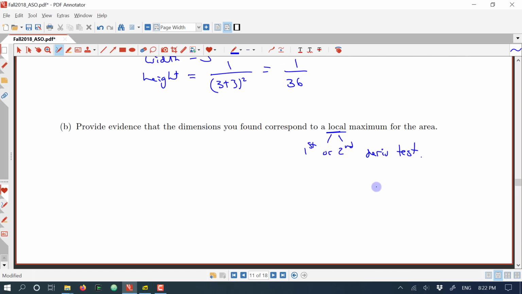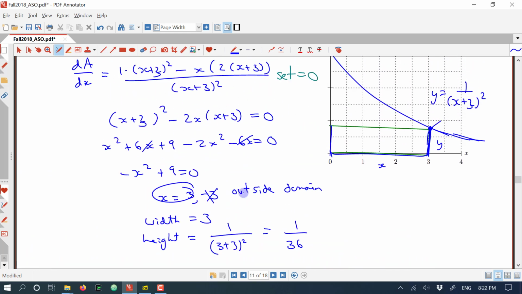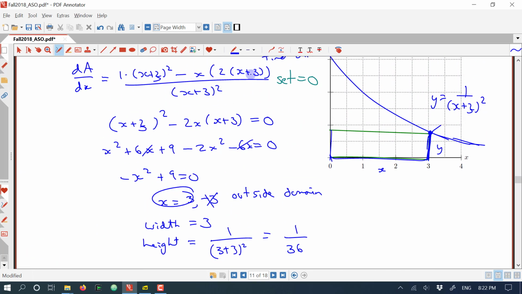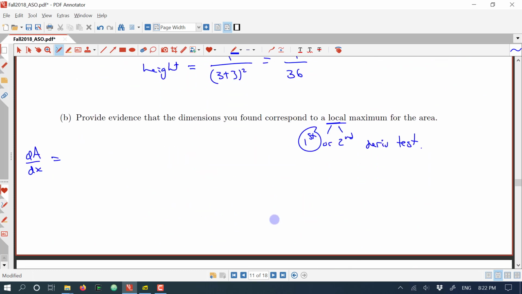It just seems like it's going to be ugly. So in this case, I think it's easier to use the first derivative test. Notice how we rewrote the numerator, and it boiled down to minus x squared plus 9, all over (x plus 3) all squared.